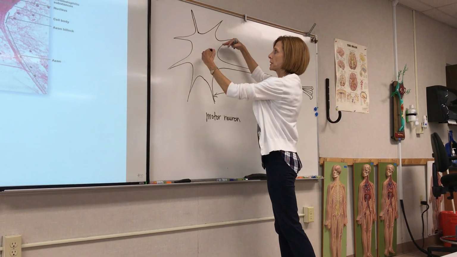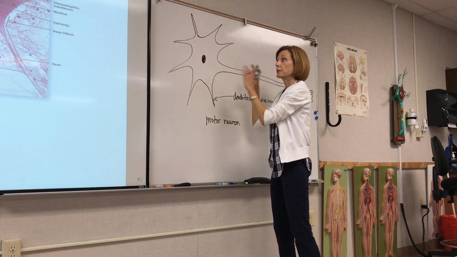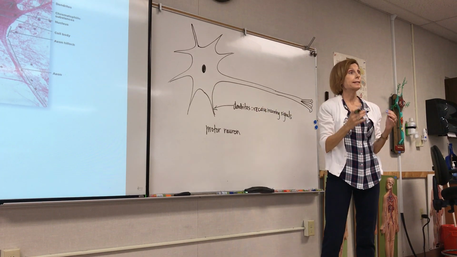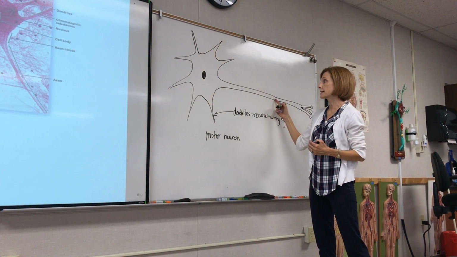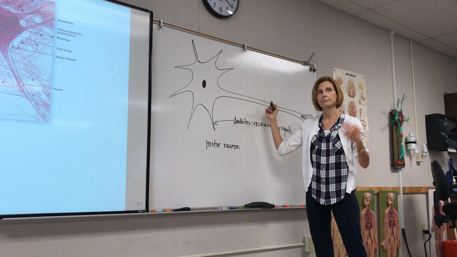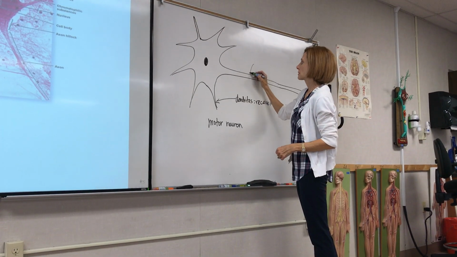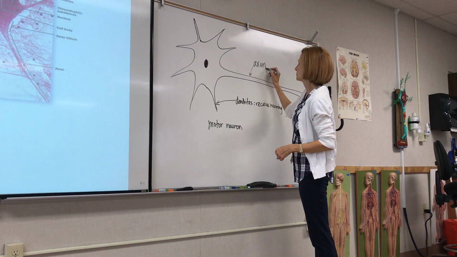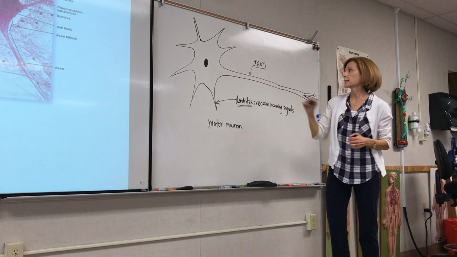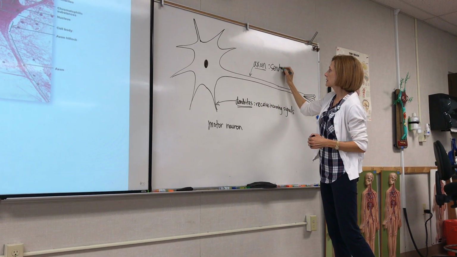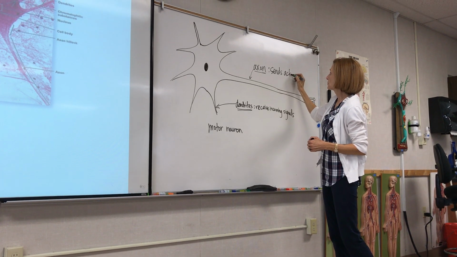So they receive information coming in from other neurons. If this neuron is going to send an action potential, then it will send it along this process here. What is this process called? This is the axon. Okay, so all neurons have just one axon, and that sends the action potential.